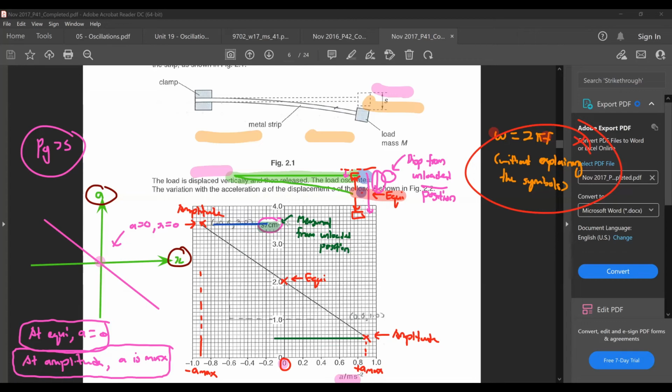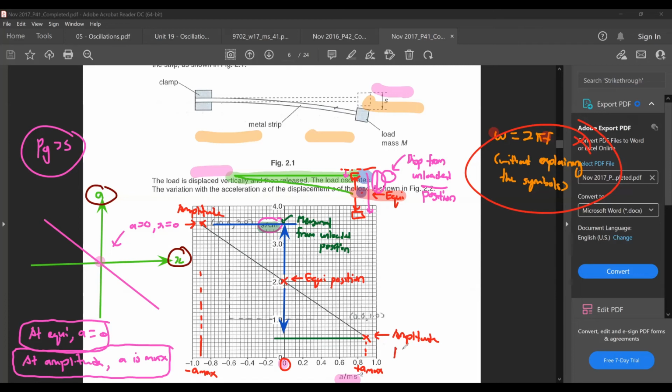In your case, your amplitude is actually from here to here, or here to here. This is your actual amplitude. Maybe it's better if I just write it like this. This one is your equilibrium position.